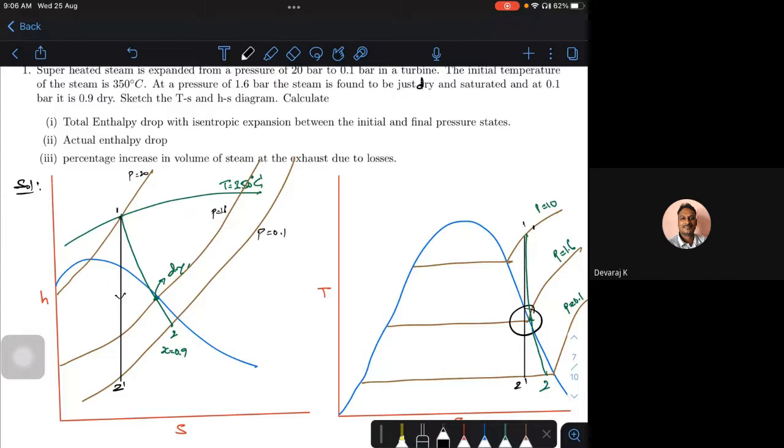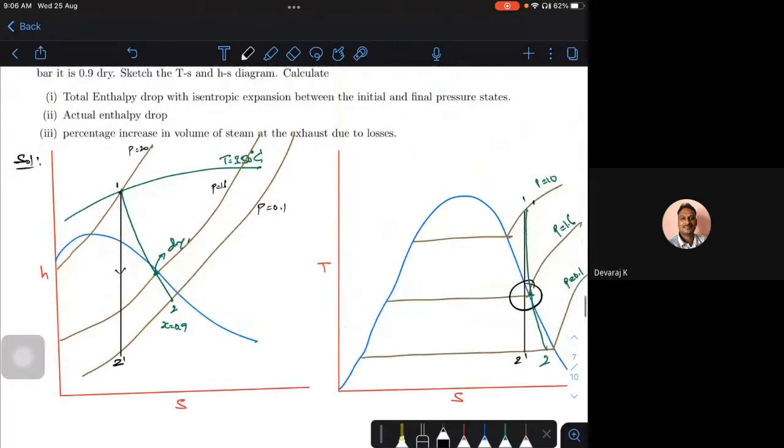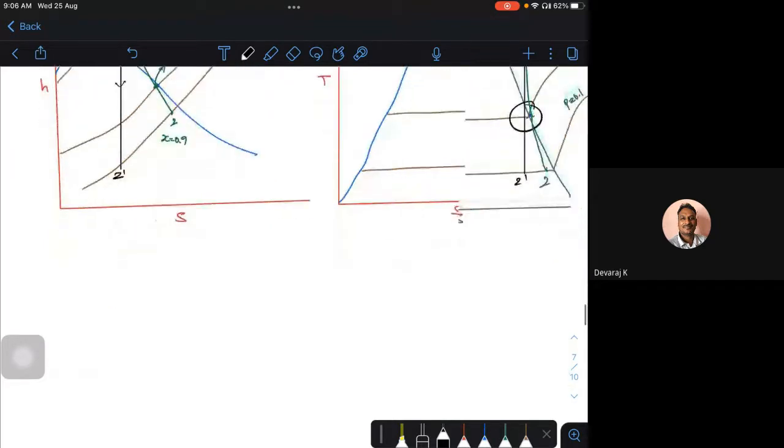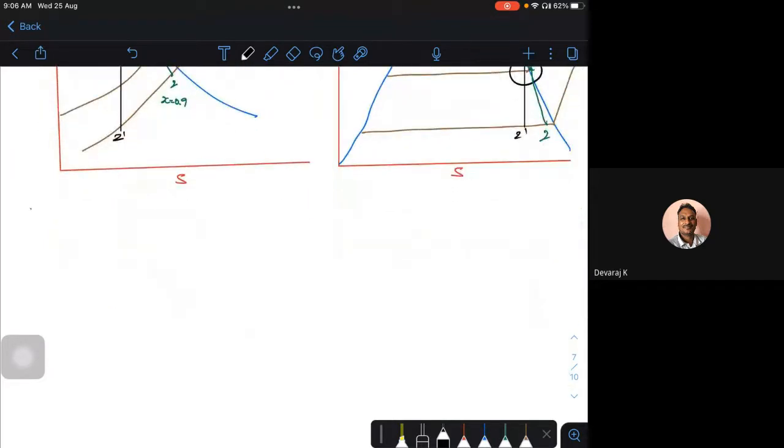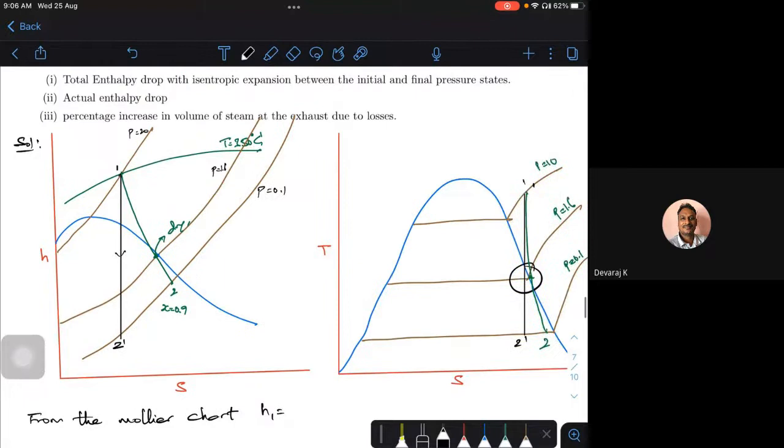Okay. Now you go to your Mollier chart and tell me the values at a pressure of 20 bar and 350 degrees Celsius. From the Mollier chart, that is at the point enthalpy 1, at the pressure of 20 bar and 350 degrees Celsius.